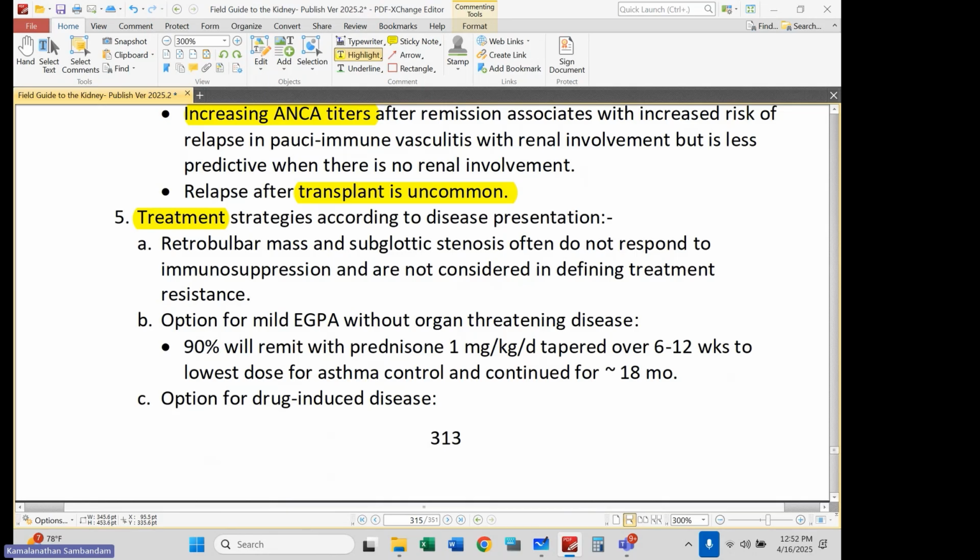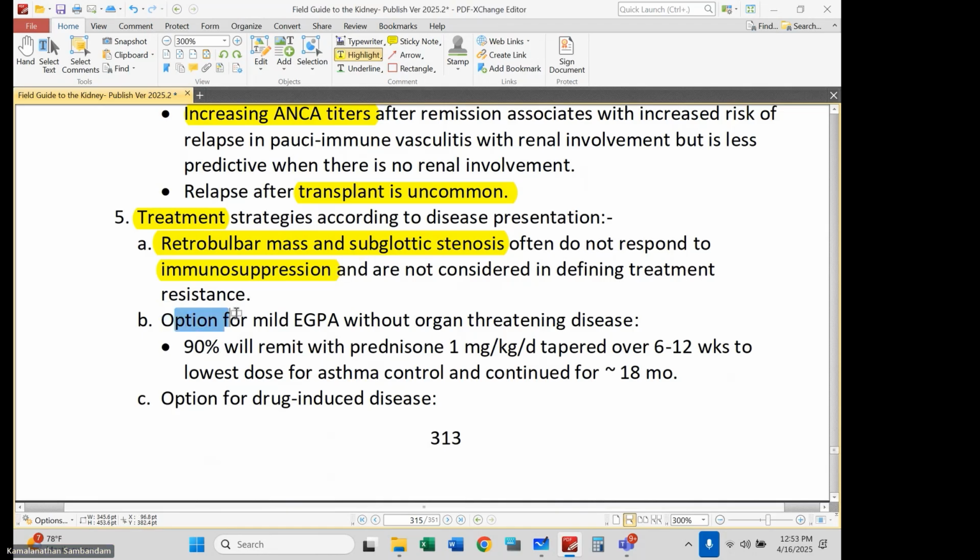Okay, so treatment strategies. There are some scenarios that are relatively refractory to immunosuppression. I mentioned some of these, orbital involvement, when you have scarring of the trachea, it generally doesn't reverse. And so, if that's the only manifestation without clear active disease, you don't necessarily bring out immunosuppression.